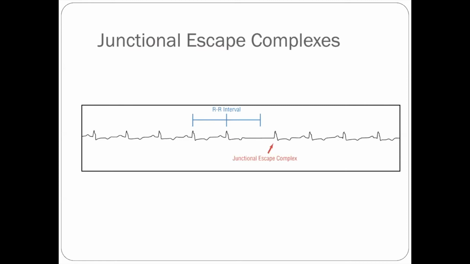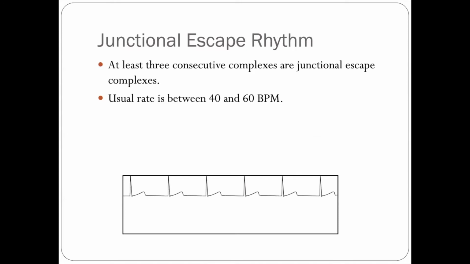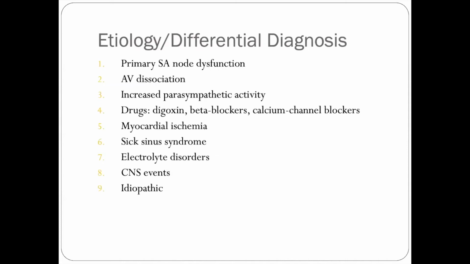But that initial junctional escape complex can initiate into a junctional rhythm. So if we have 3 consecutive complexes that are all junctional escape complexes, we would then call that a junctional escape rhythm of some sort. And the usual rate again is 40 to 60 beats per minute.